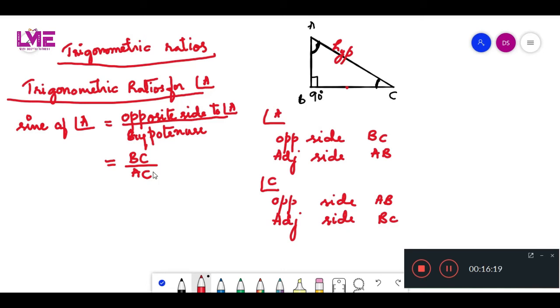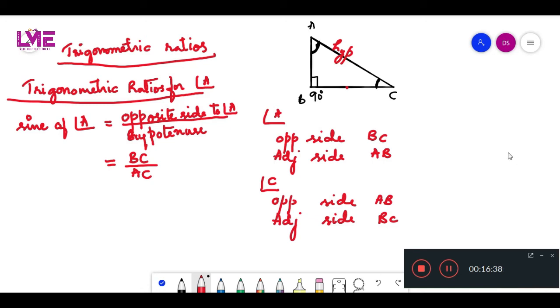Now here I've taken sine of angle A as BC by AC, but this will not be always same, depending on the naming of the vertices of the right angle triangle. The ratio will differ.